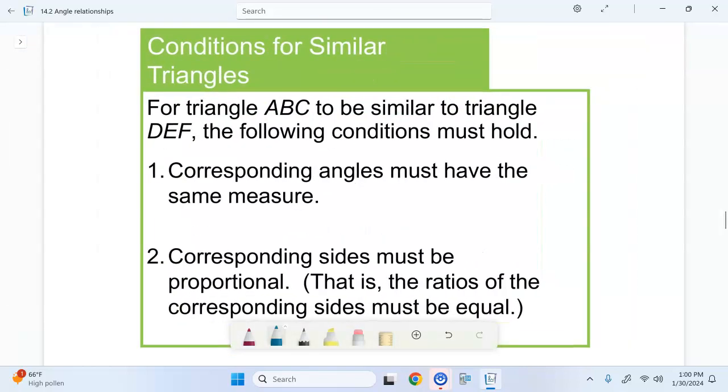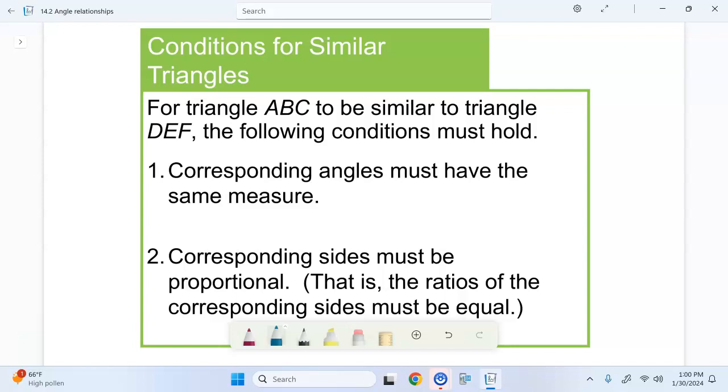We're going to be seeing these a lot, at least more than others. Similar triangles. Similar triangles have to satisfy both conditions. Now you'll find that if the first one's met, the other one is automatically, and vice versa. It can't be any other way. Corresponding angles have to have the same measure. What I mean by corresponding angles is when we're looking at two triangles.